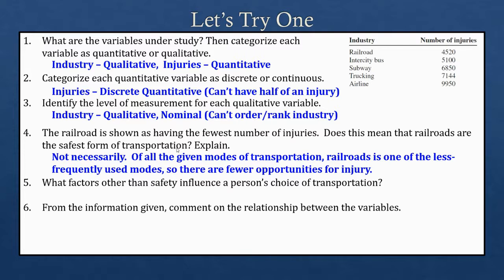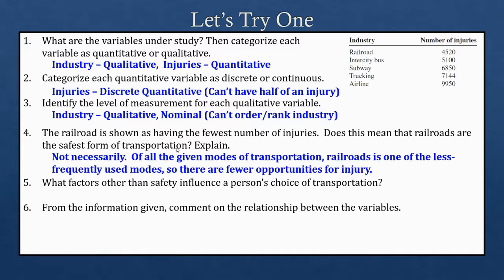You have to be careful of jumping to conclusions without having all the data necessary to back that conclusion up. Of all those given modes of transportation, railroad, bus, subway, trucking, or airline, railroads are probably one of the less frequently used modes, especially in our area. There aren't too many passenger car trains out there for us just to hop on and take somewhere.